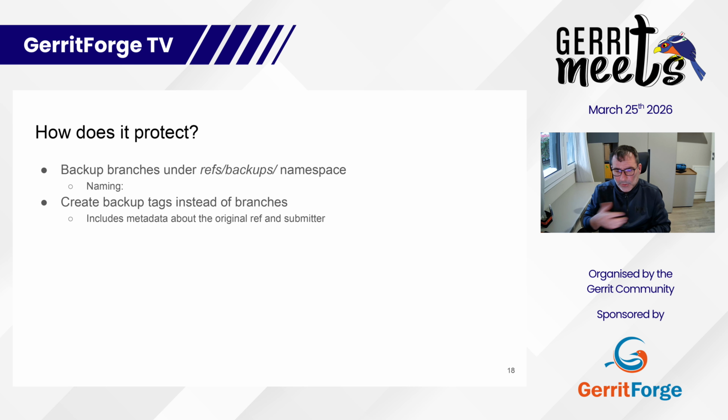By default, it goes under refs/backups, but that's configurable. You can also configure it to create backup tags instead of branches. It's totally up to you. And if you create backup tags, in the tag you can include metadata about the original ref and the submitter.